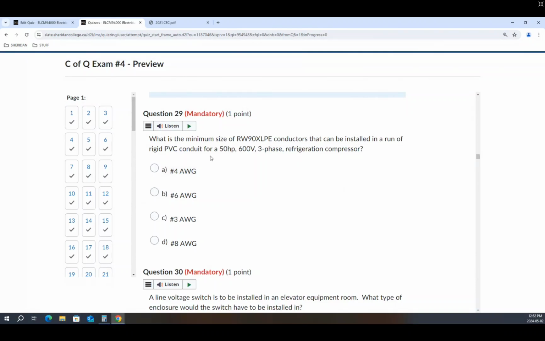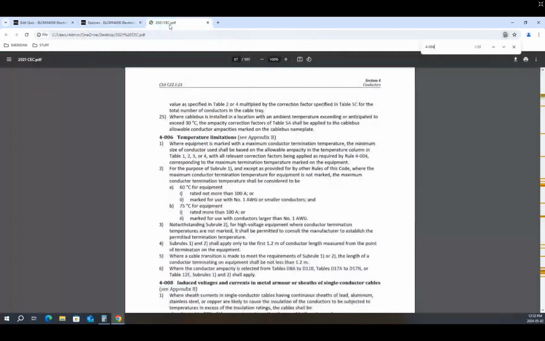So back to my question, I'm looking for a conductor size, and it's a refrigeration compressor. So I'm going to go to section 28.